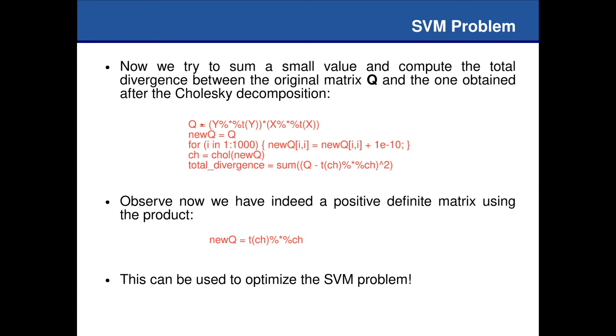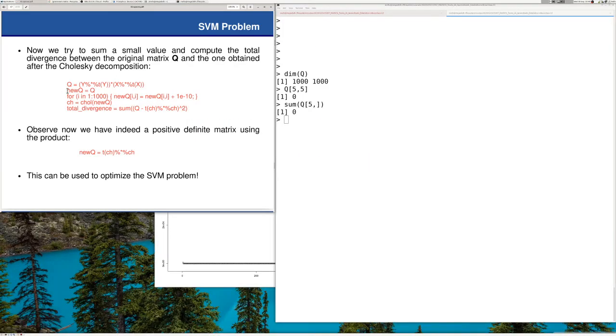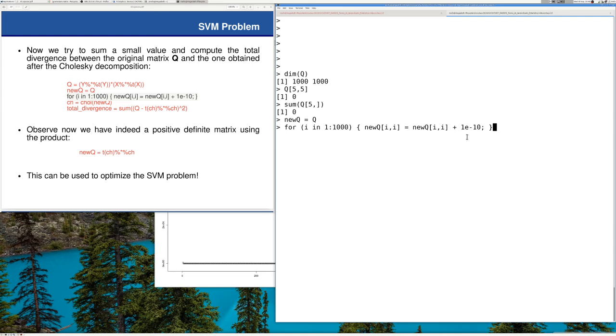What I'm going to do now is compute my matrix Q as before. I will have a new Q, as you can see here. Then I will add a quite small value, epsilon equal to 10 to the minus 10, to the values composing my diagonal. Take a look.